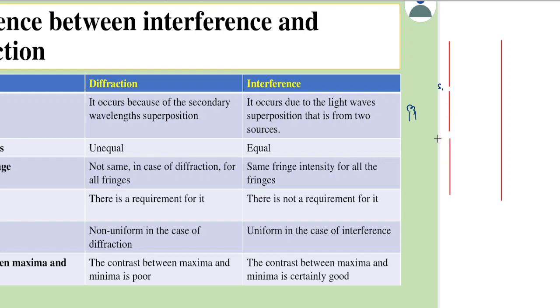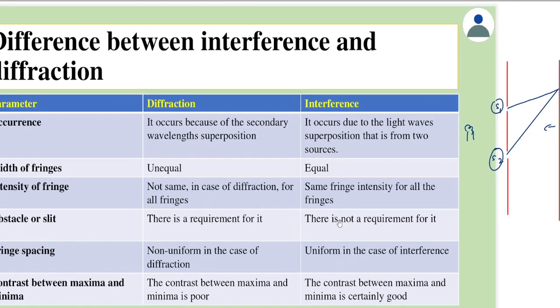But from the screen's point of view, the two slits S1 and S2 behave independently like two different sources, even though the light through S1 and S2 is coming from a single source only. Hence, the waves from here and the waves from here would superimpose, giving rise to interference. We can define interference as the superposition of two waves.